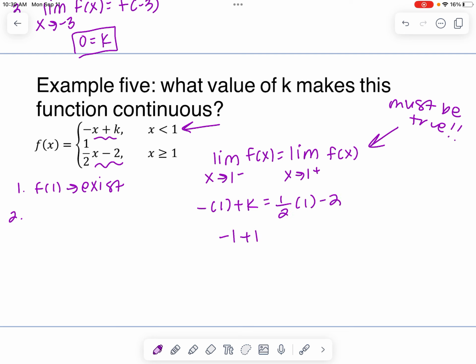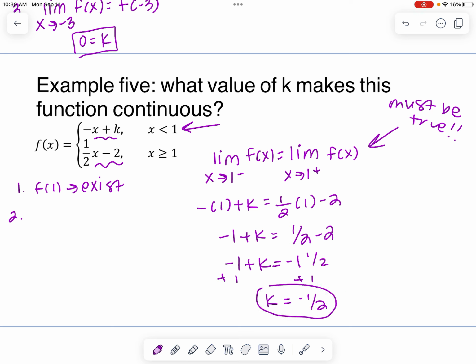Negative 1 plus k equals 1/2 minus 2. Negative 1 plus k equals negative 1/2. Add 1 on both sides, and I'll get k equals negative 1/2. And that is our answer, and that is the value that would make this function continuous. That would be where the two functions meet at the same point.